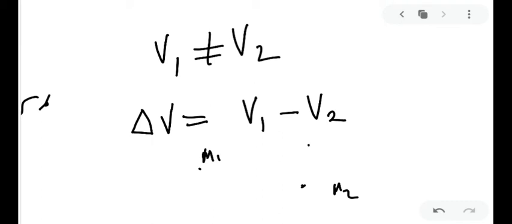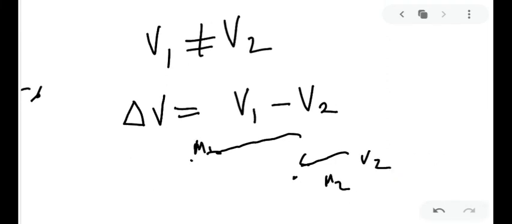So you might have to work more to bring it to M1, and less to bring it to M2. If you have this unit charge at M1 and you bring it to point M2, what will be the work done to move the unit charge from M1 to M2?